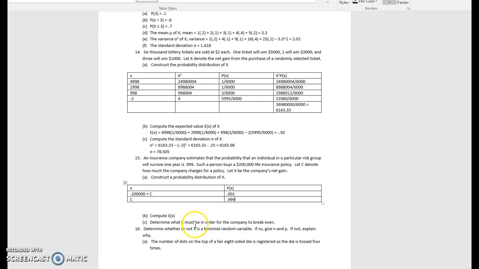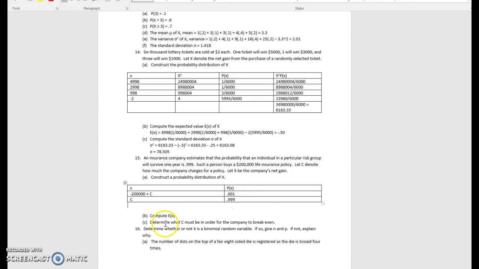Now we want to compute the expected value, but we really can't do that without knowing what C is. So we're going to assume, and really I should have written C first, we're going to determine what C must be in order for this company to break even. Okay, so let's do what they would need to break even.